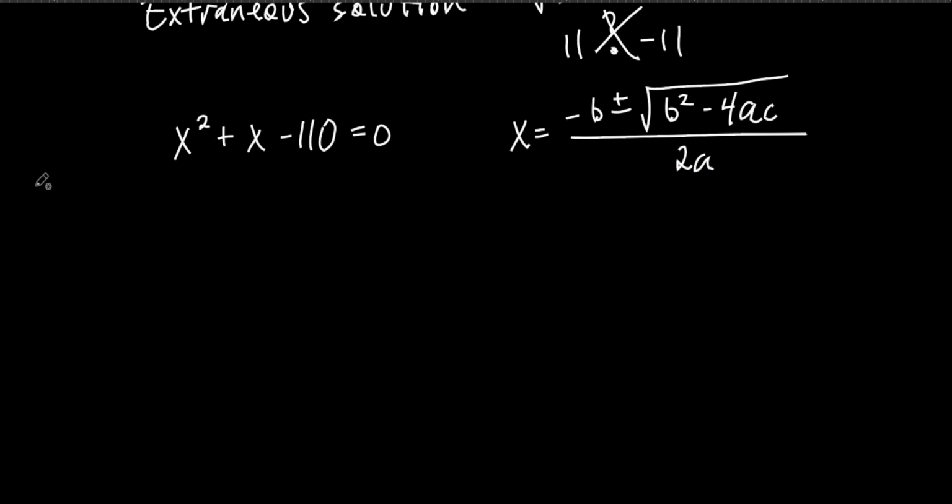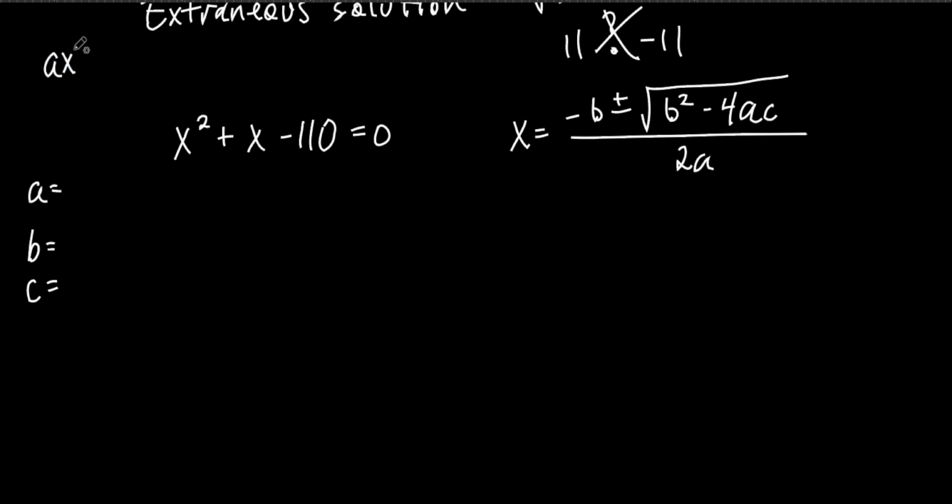And what did we do over here off to the side? You don't always have to do this, but when you're new at this, and we've been away from it for so long, I would say we're kind of new at this now, wouldn't you? Since we haven't done this in a long time, I would put the a, b, and c. So what is the a in this situation? Is it x squared?